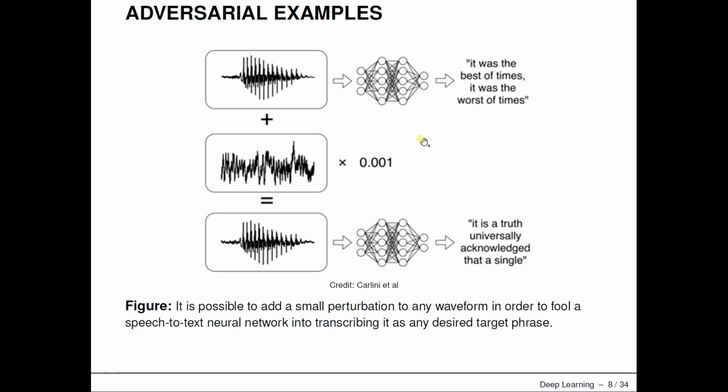Adversarial examples can be generated not only in image classification tasks, but also in audio recognition. Here you can see how a small perturbation in an audio wave leads to the complete change of the recognized text. Initially it was "it was the best of times, it was the worst of times"; adding the small noise, the network recognizes "it is a truth universally acknowledged that a single". So it doesn't make any sense.